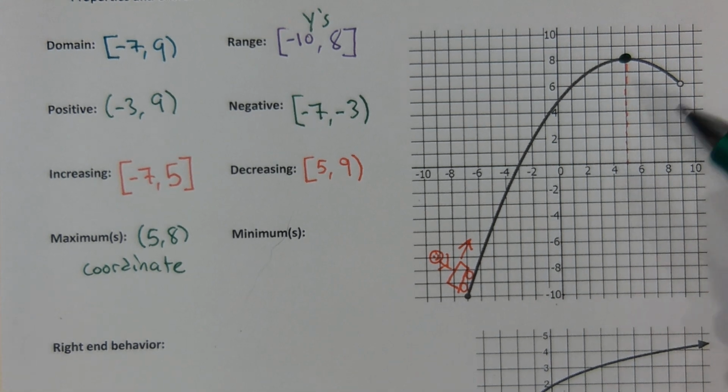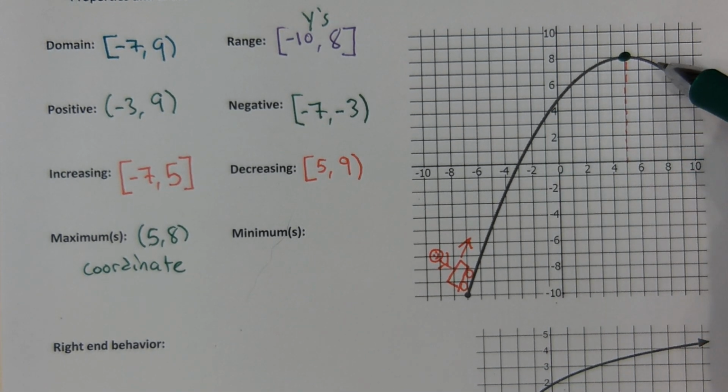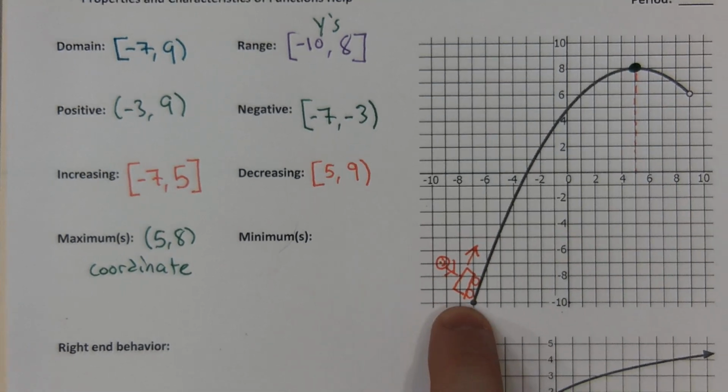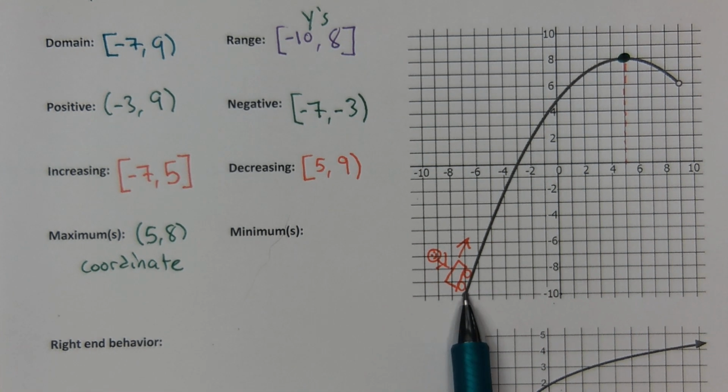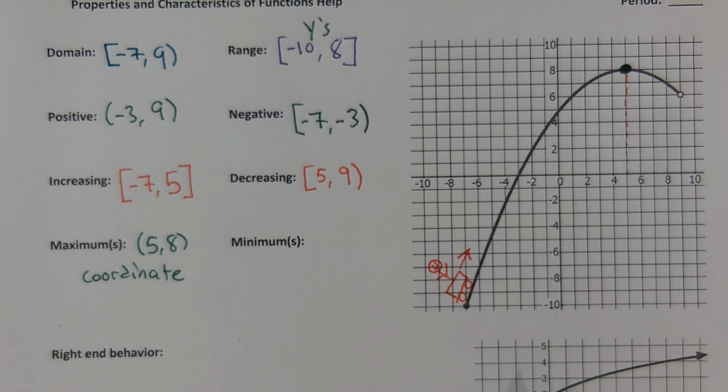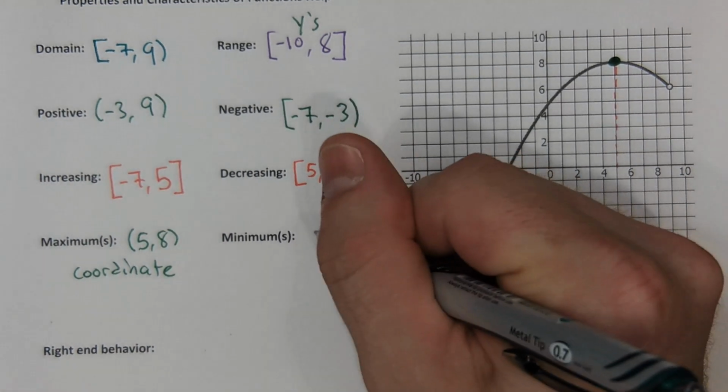And minimums would be like the bottom of a valley. Now, we don't have any bottoms of valleys here, but you know what we do have? We do have a lowest point at this end point. And because this is a closed dot and it is the locally lowest point there, it is a minimum by definition. So (-7, -10).